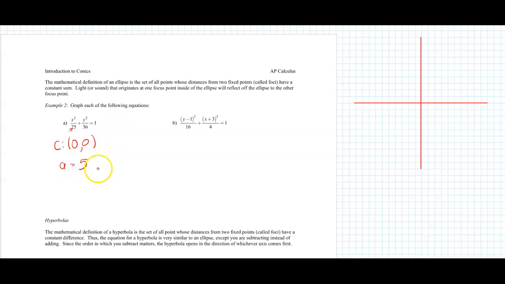So that is my horizontal stretch. And then my y stretch is going to be directly underneath, which is usually b squared. So in this case, b is just 6, which means that I am vertically stretching 6.